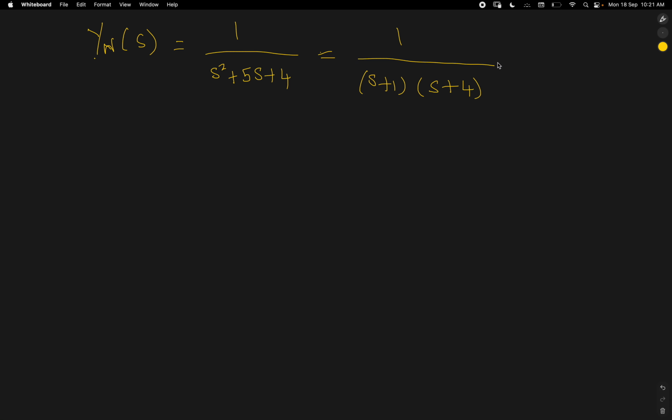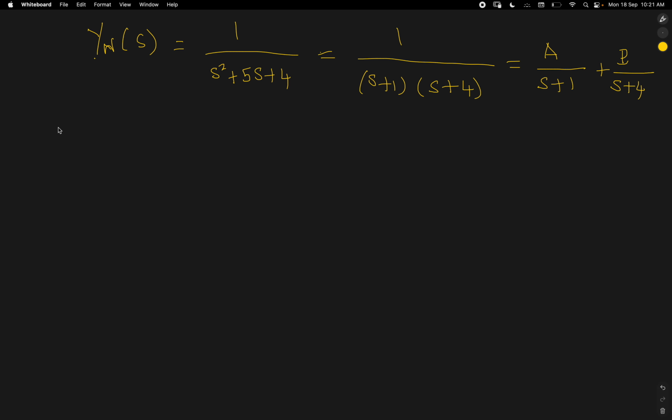To obtain yn of t, we have to apply partial fraction for this term. So that will be a by s plus 1 plus b by s plus 4.